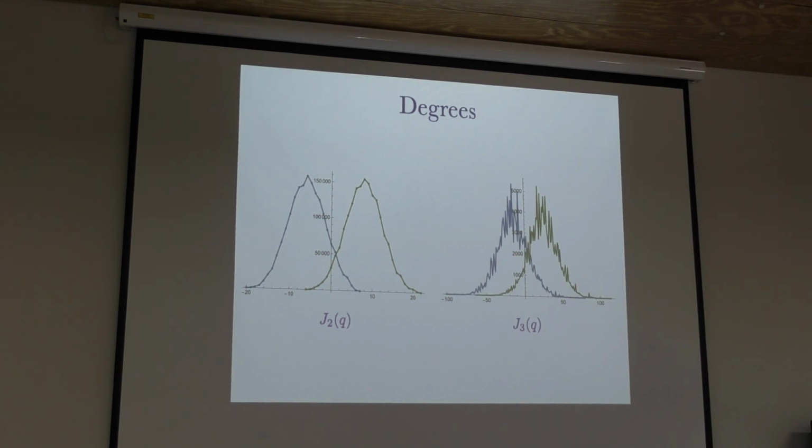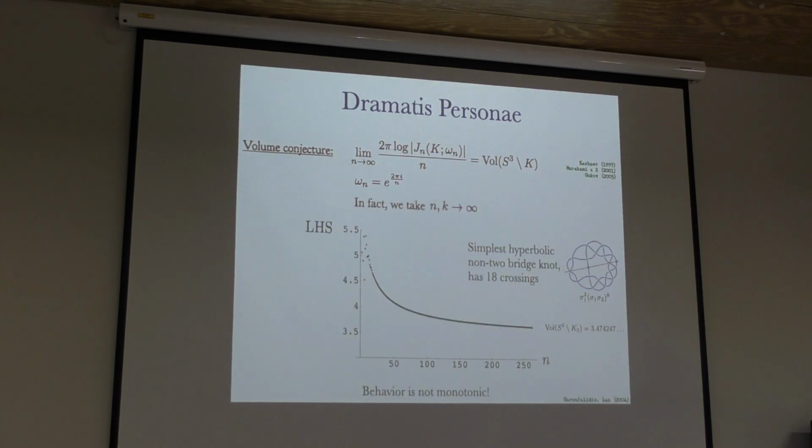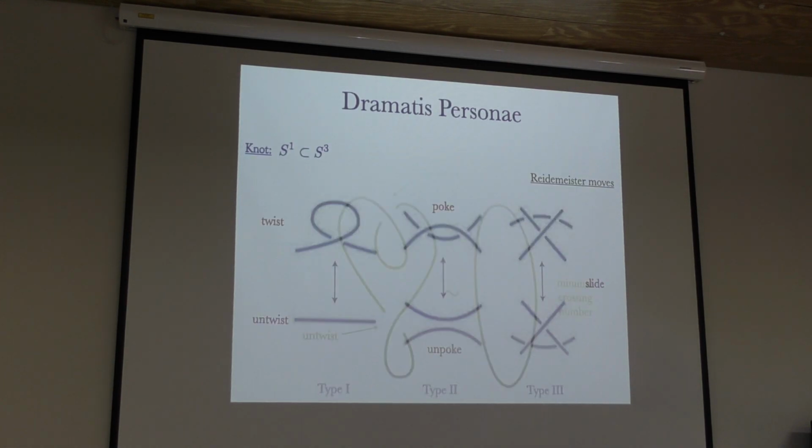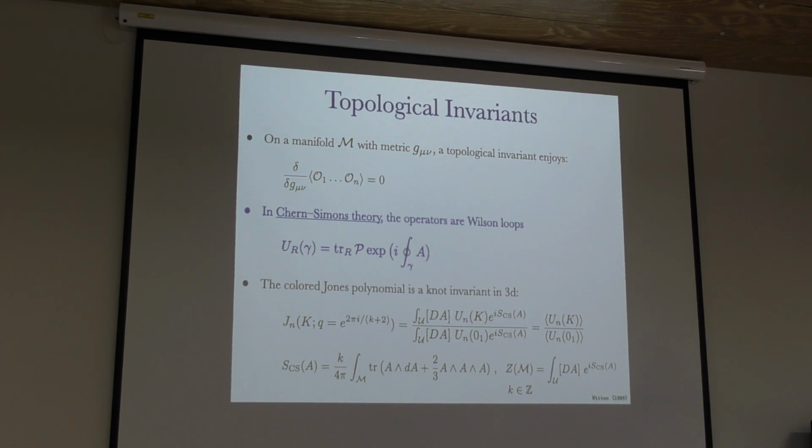The colored Jones polynomial is when you take the trace in some other representation. We look at Chern-Simons theory, and you just change the representation in which you're taking the trace. In SU(2) Chern-Simons theory, you work in the fundamental representation for the ordinary Jones polynomial, or in the adjoint representation for the adjoint Jones polynomial.